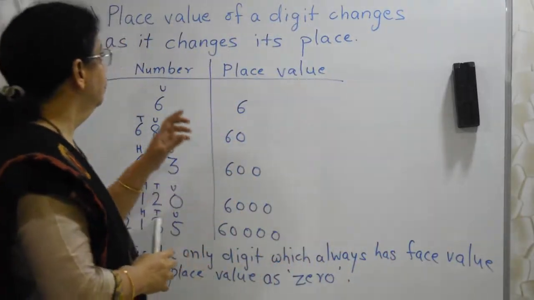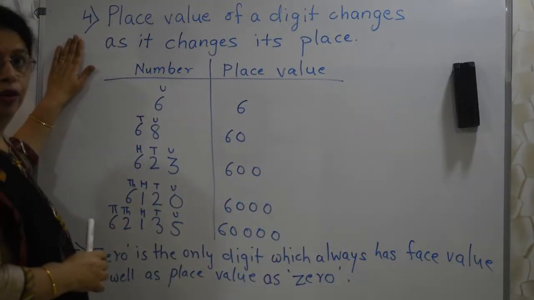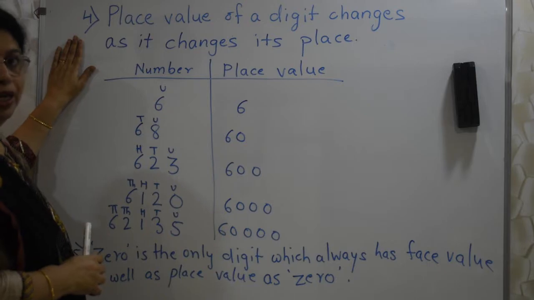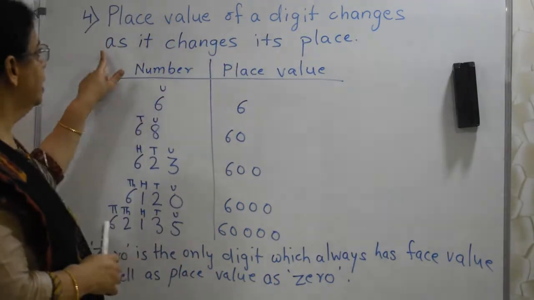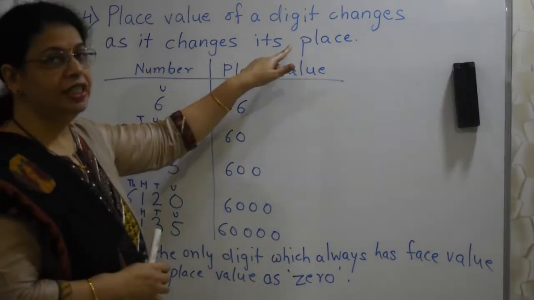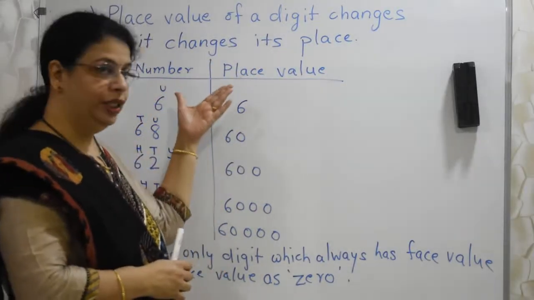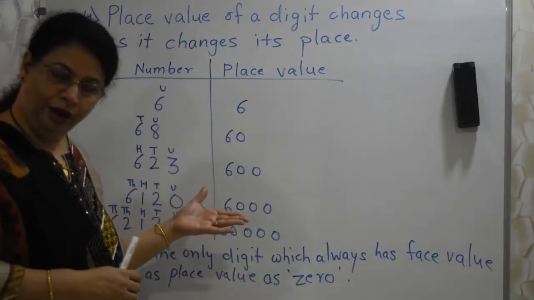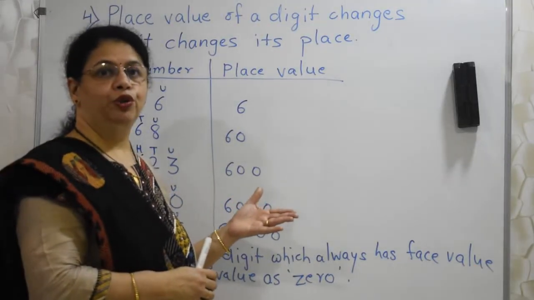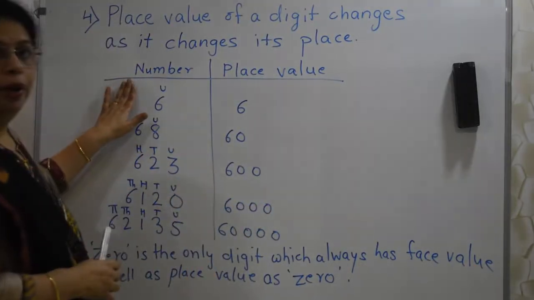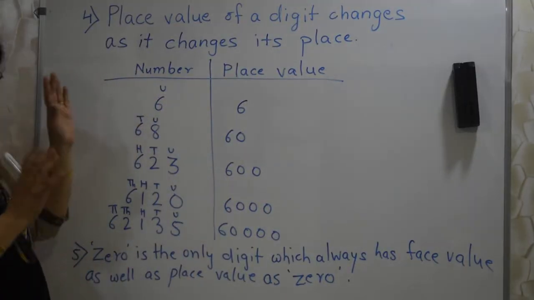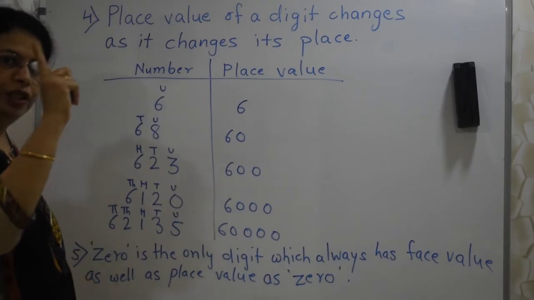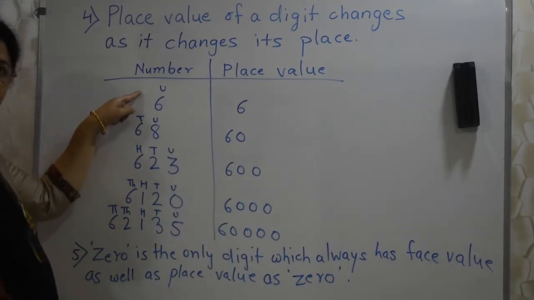Okay? So, let's start with the rule number 4, which is regarding place value. Place value of a digit changes as it changes its place. I have just written it in the form of a chart so that it becomes easy for you to understand. Number and place value. Number 6, just 6, one digit, means it is in units place.